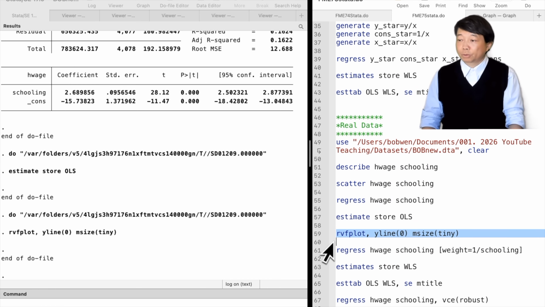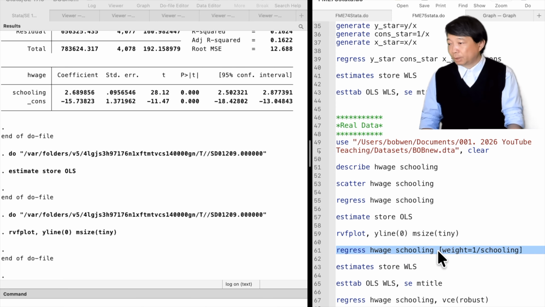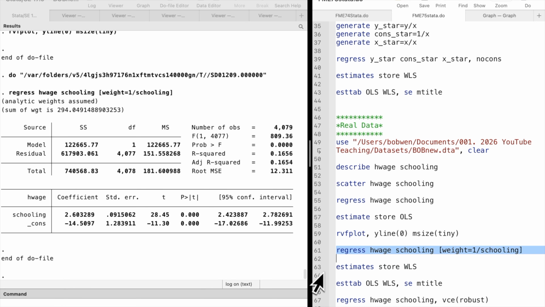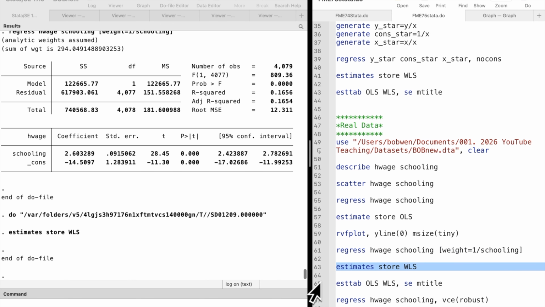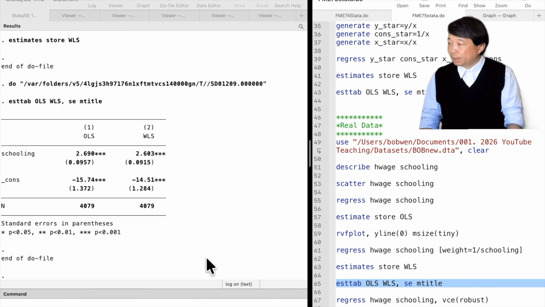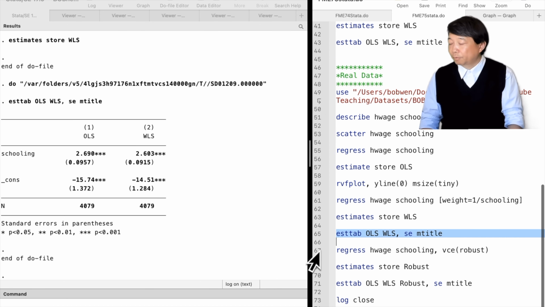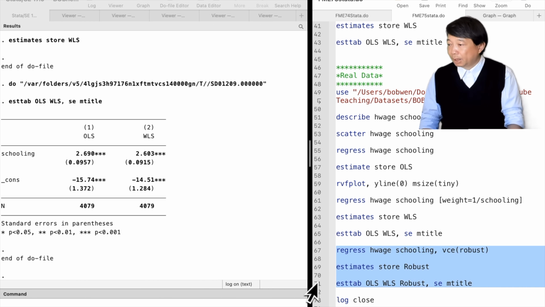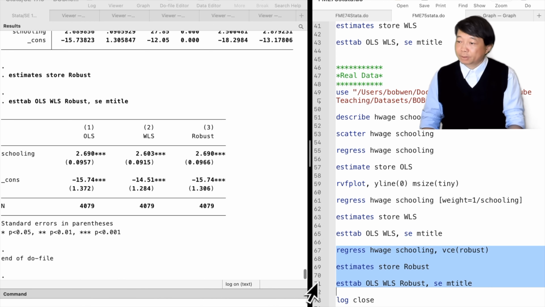In addition to transforming variables manually, Stata provides the weight option when we run a regression. The standard errors of the weighted least squares estimate are smaller than those of the ordinary least squares. Finally, I include the heteroskedasticity robust standard errors as a comparison.